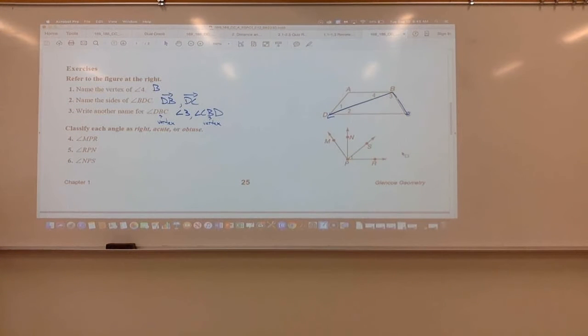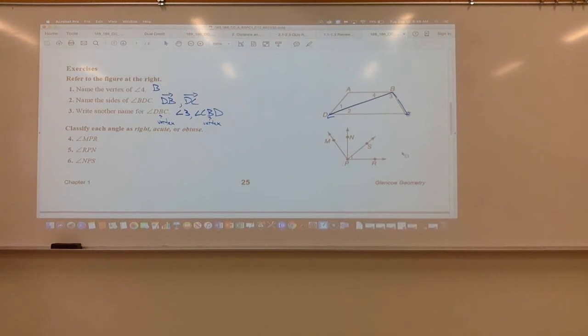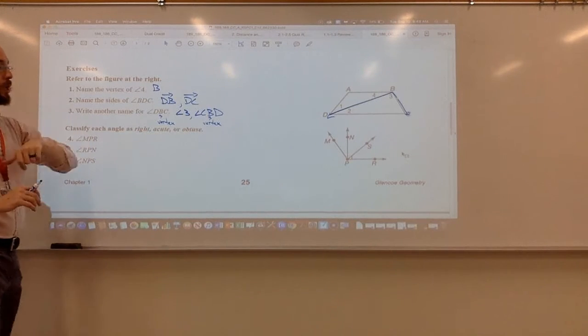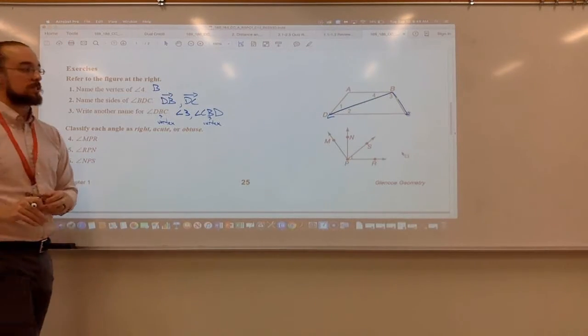Questions on those ones? Then in our second set of examples, we are just classifying each angle as right, acute, or obtuse. First one, angle MPR.